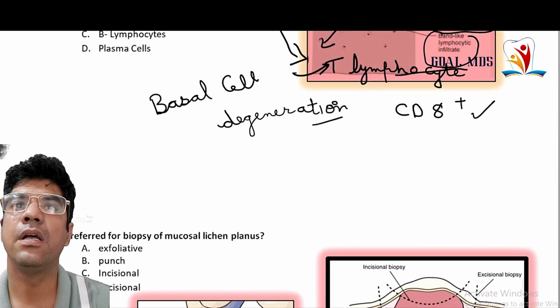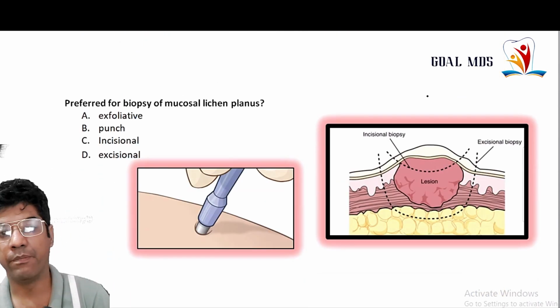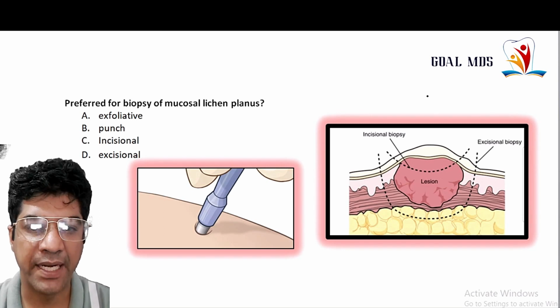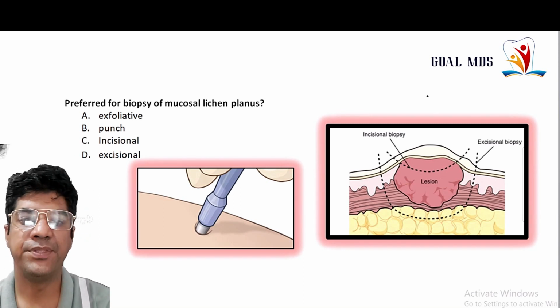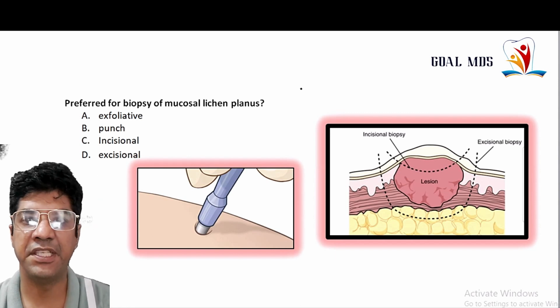Next question: the preferred method for biopsy of a mucosal lesion is exfoliative cytology, punch biopsy, incisional biopsy, or excisional biopsy. The preferred method is the incisional biopsy.